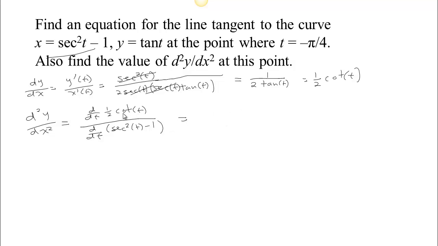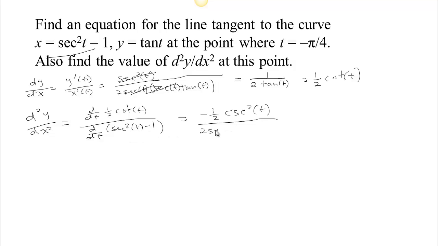Okay, well, we know the derivative of the cotangent. The derivative of the cotangent is the negative cosecant squared. So if we have 1/2 cotangent, we get negative 1/2 cosecant squared t. Also, we already have taken the derivative of the secant squared minus 1 once before.